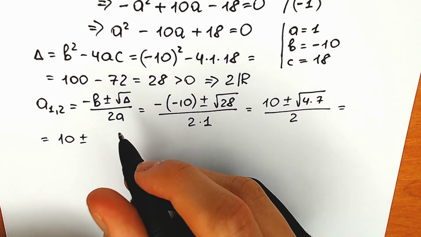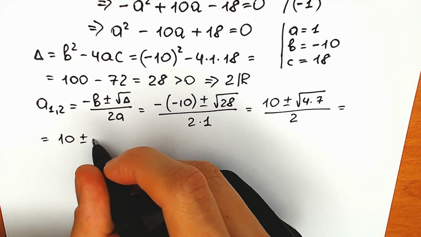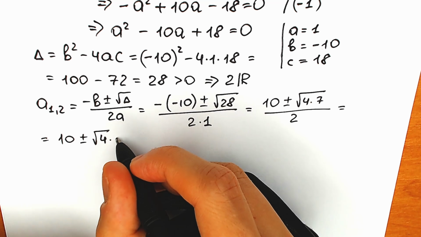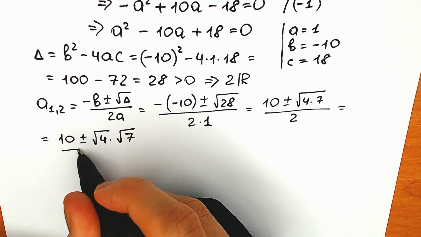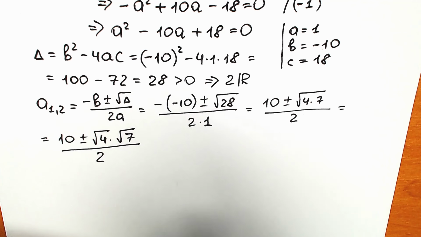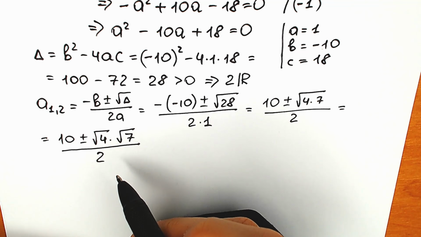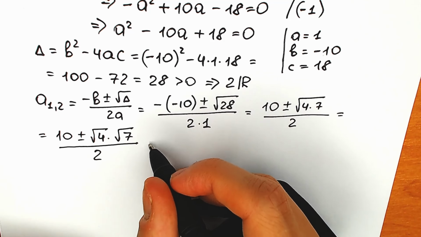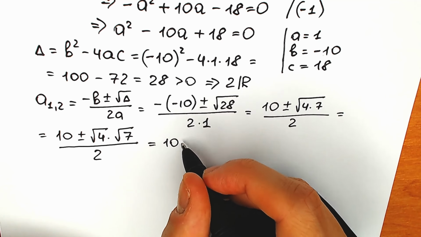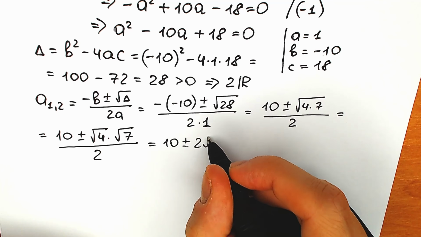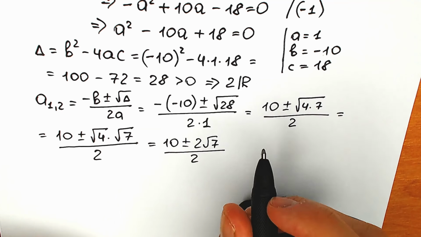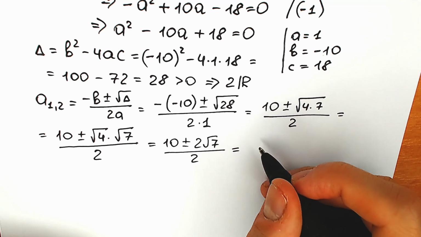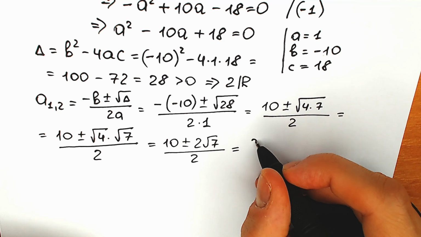In terms of the square root property, we can split it: square root of 4 times square root of 7, and all over 2. Right now, square root of 4 equals 2, and as a result we have 10 plus minus 2 square root of 7, all over 2. And the final step, we're going to factor out this 2 from our numerator.